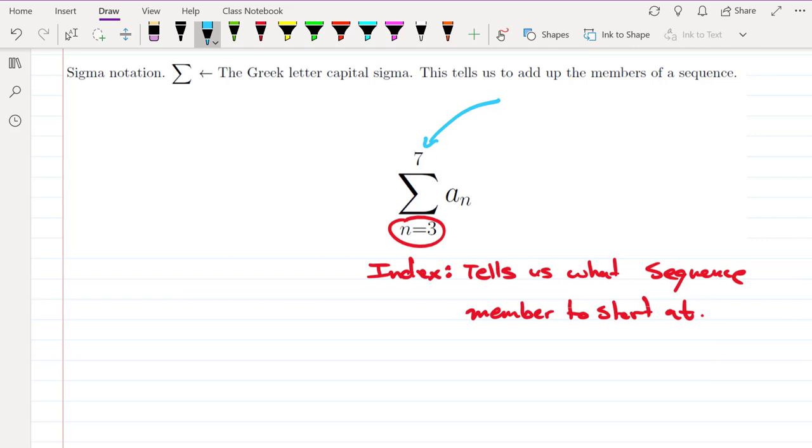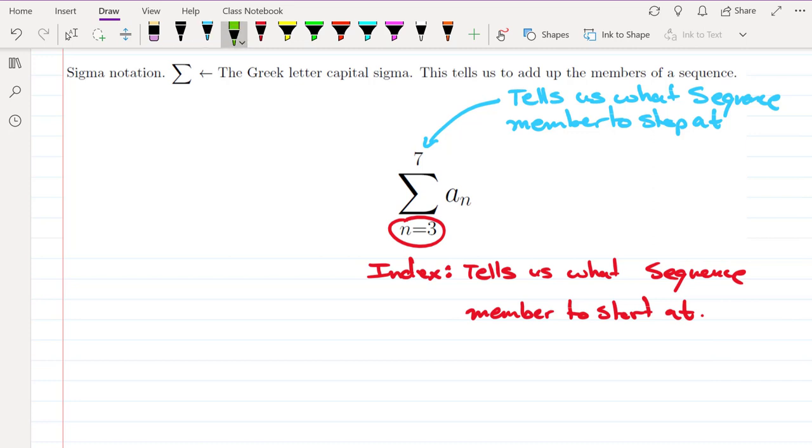The number on top tells us where to stop, so what sequence member to stop at. And so this tells us to stop at the seventh member of the sequence. And then the a sub n tells us the general term of the sequence, or this is our rule.